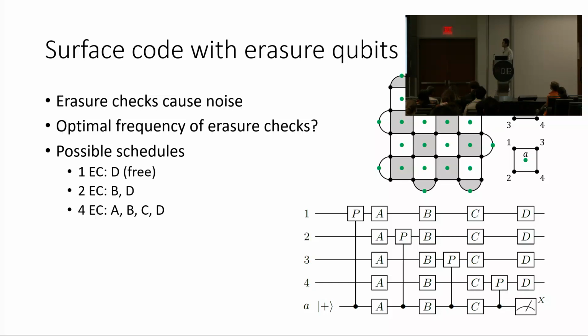If we wanted to just perform one erasure check for this entire syndrome extraction round, we could do it at location D because the data qubits would otherwise be idling at that time, so we might as well perform the erasure check there. But this might not give us enough erasure information, so we could also consider doing 2 erasure checks per round, placing another erasure check halfway through the circuit. Or we could do 4 erasure checks, basically doing an erasure check after every entangling operation at all the locations A, B, C, and D.